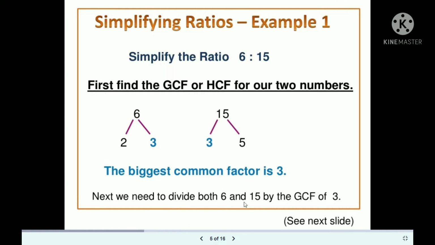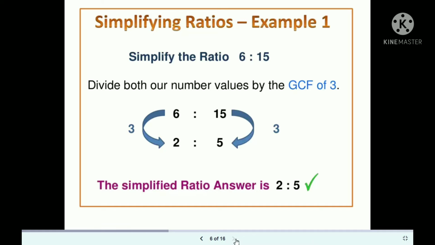Next, we need to divide both 6 and 15 by the GCF of 3. So, ano kaya mangyayari? Pag dinivide natin sa GCF ang 6 and 15 sa 3. So, divide both of our number values by the GCF of 3. So, 6 divided by 3 equals 2, and 15 divided by 3 equals 5. So, the simplified ratio answer is 2:5.